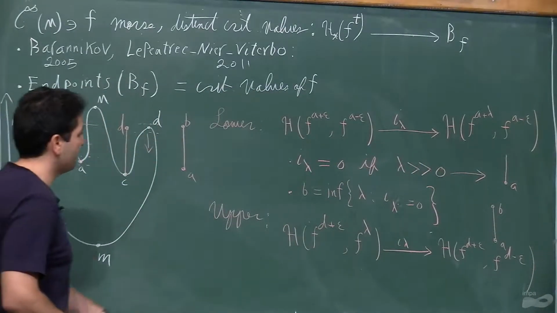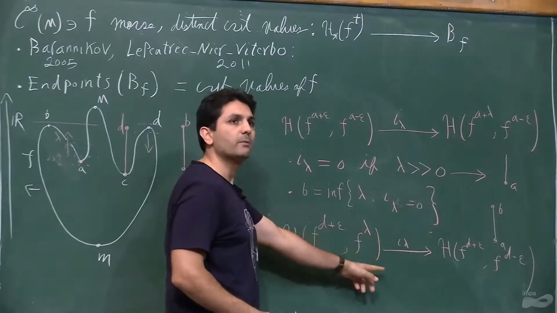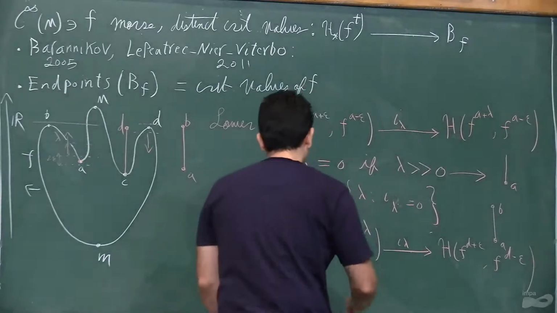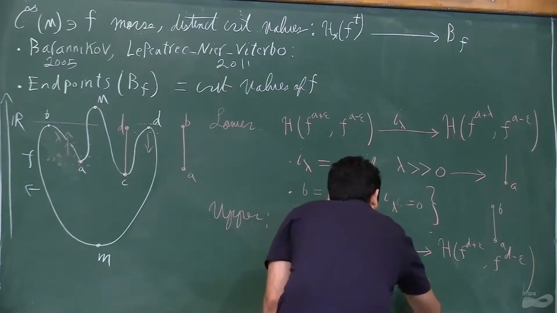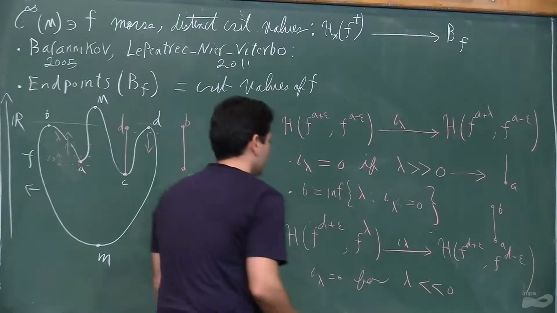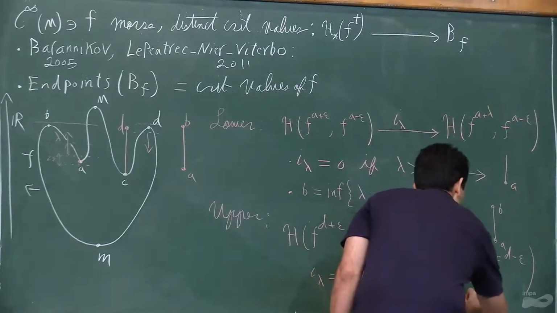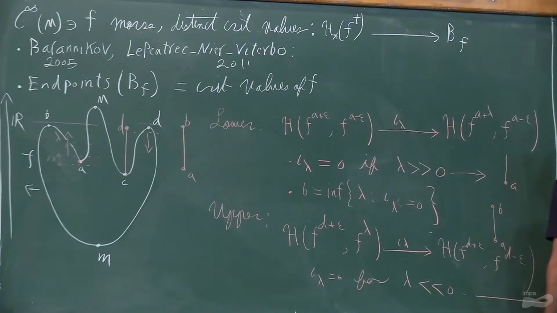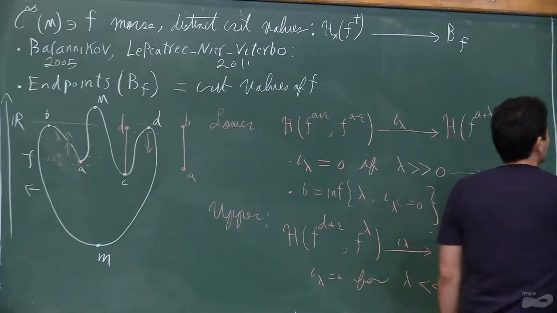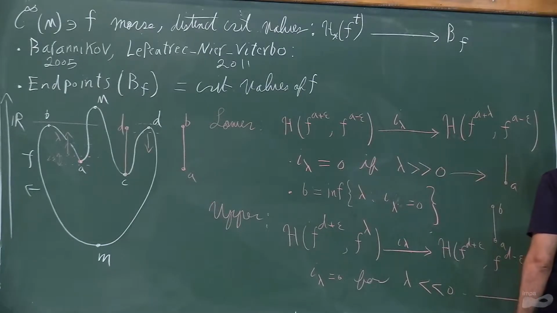As you decrease lambda, eventually this map becomes 0, so I lambda is 0 for lambda very small. This tells me I've got a bar whose upper end is at D, and it will terminate at C, because C is the supremum of such values.